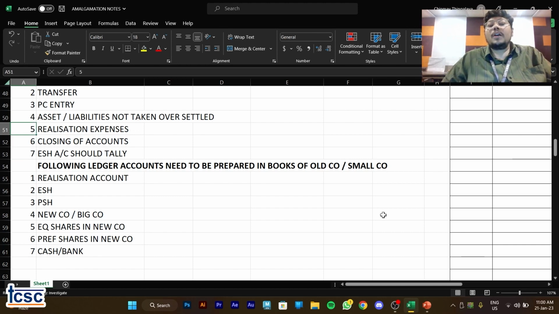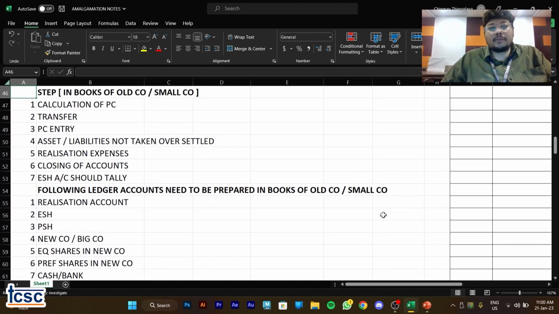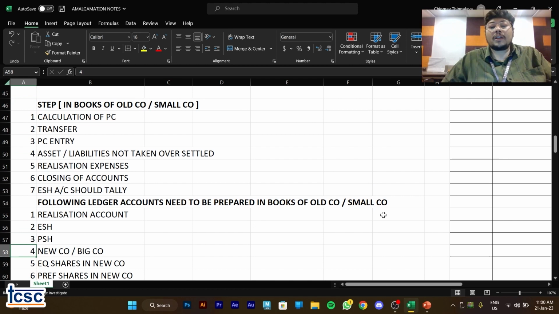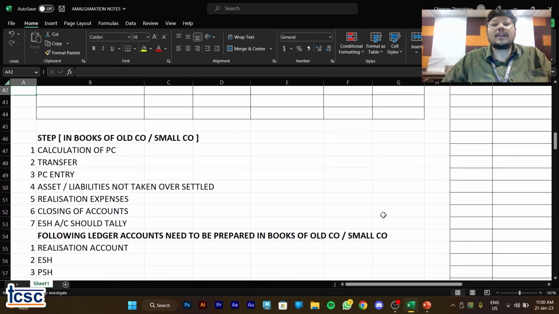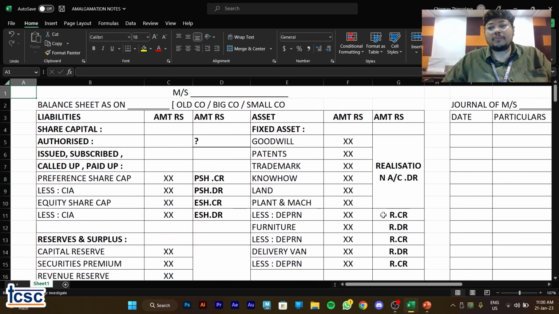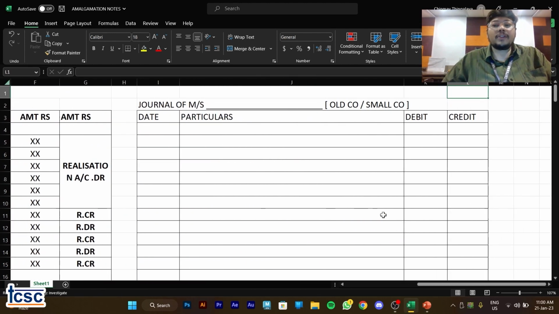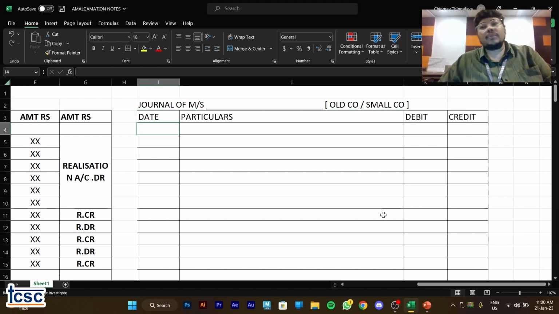Now, after finding out the steps and the ledger accounts to be prepared, we'll be taking up the journal entries in the books of the old company. First, we will be doing all the journal entries in the books of the old company, and then we'll be doing the journal entries in the books of the new company.